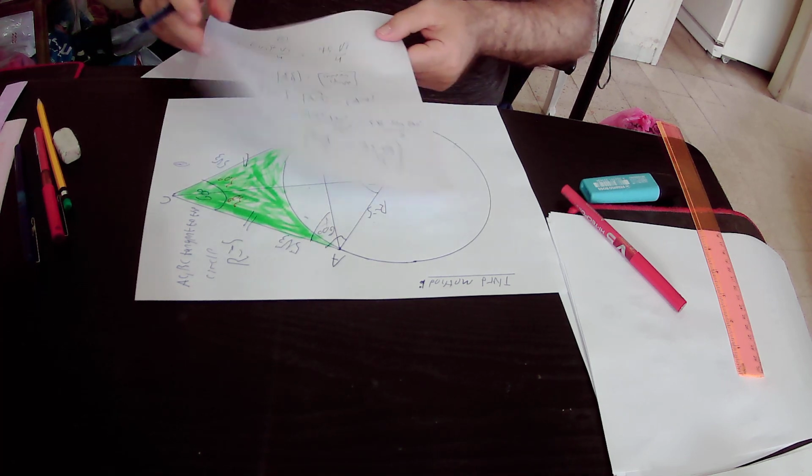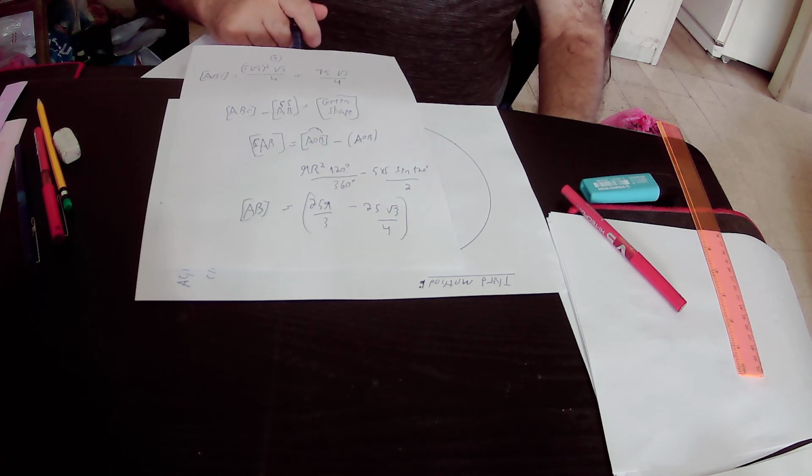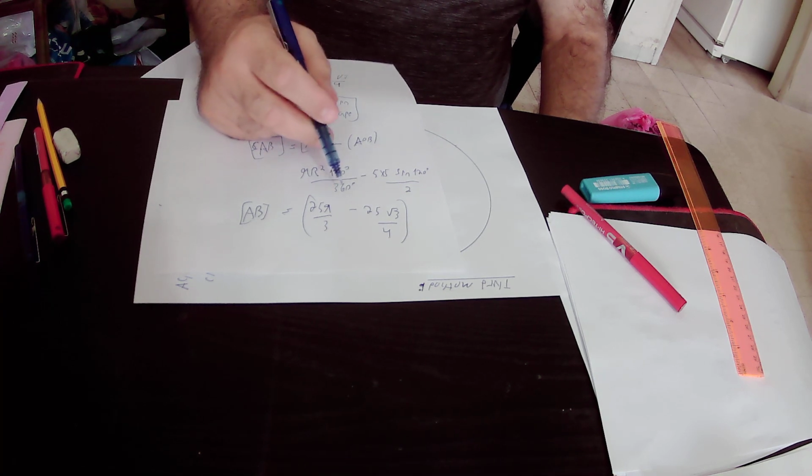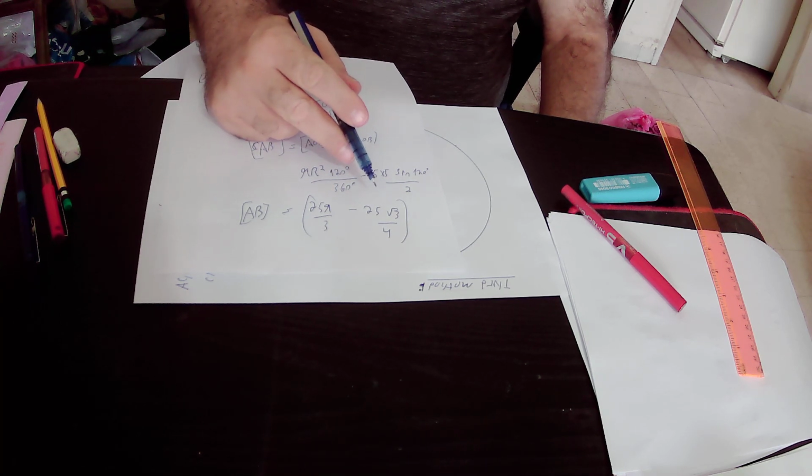So the area of circular segment AB equals 25 pi over 3 minus 25 root 3 over 4.